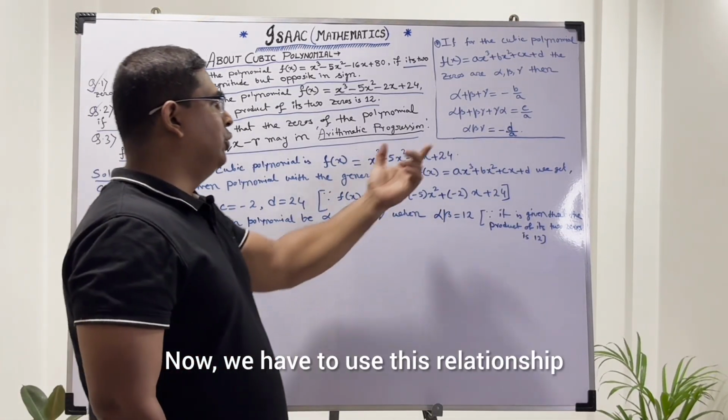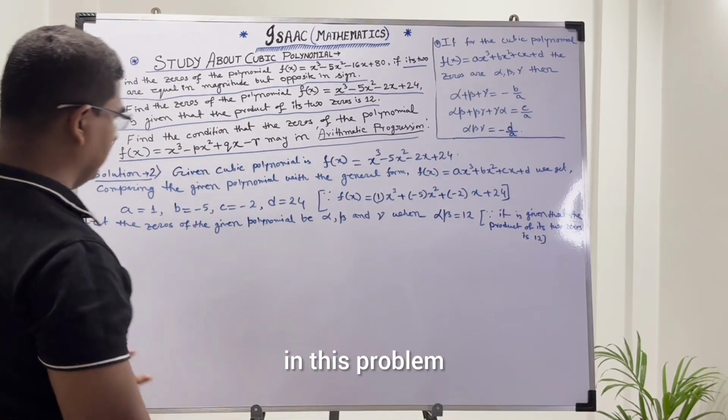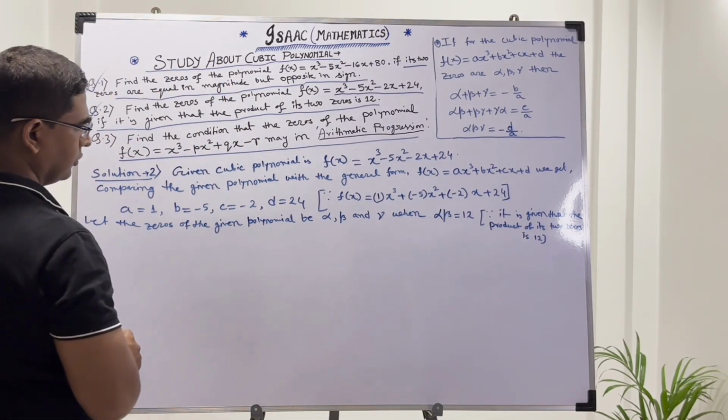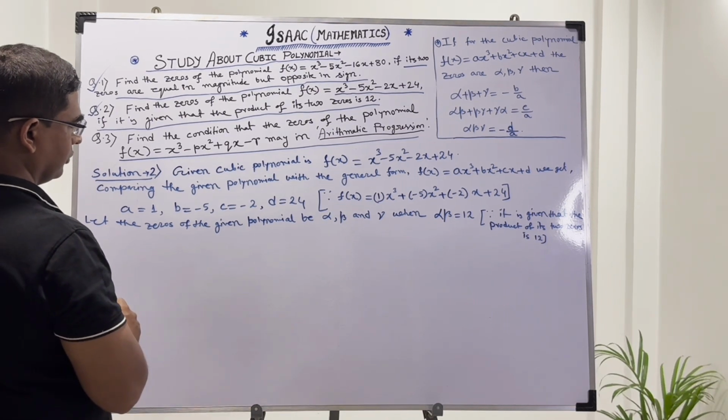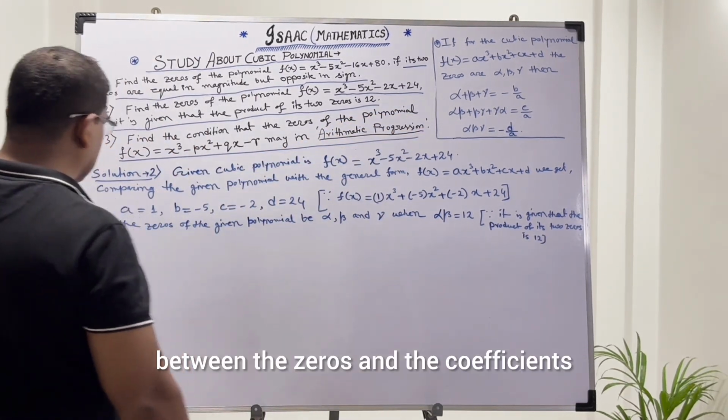Now, we have to use this relationship in this problem. We will use the relationship between the zeros and the coefficients.